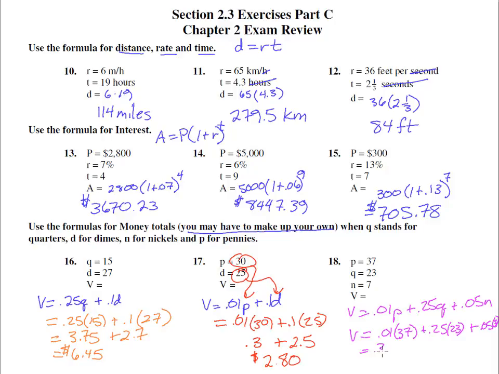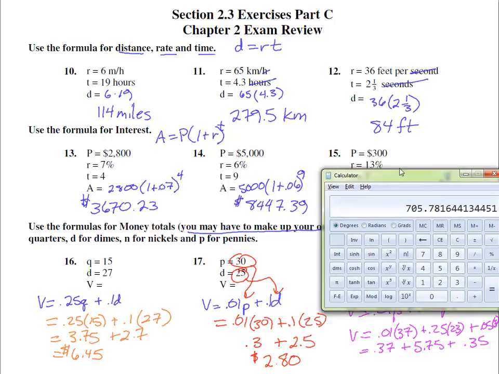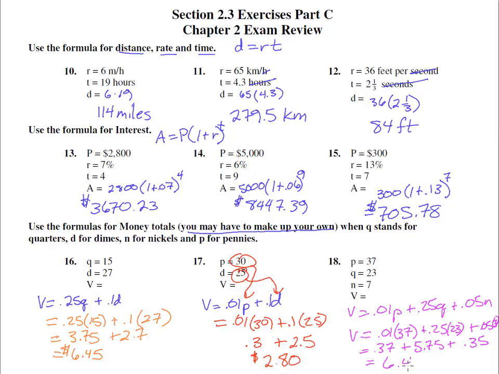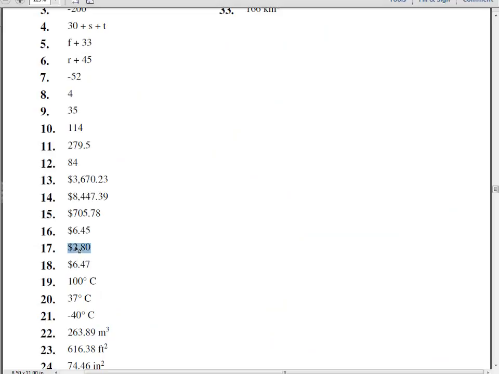So that will equal 0.37 plus, now 25 cents times 23, that will be 5.75 plus 0.35. Add those together. Let's get our calculator out, and we have 0.37 plus 5.75 plus 0.35 equals $6.47. Let's double check our answer. We have $6.47 for number 18.